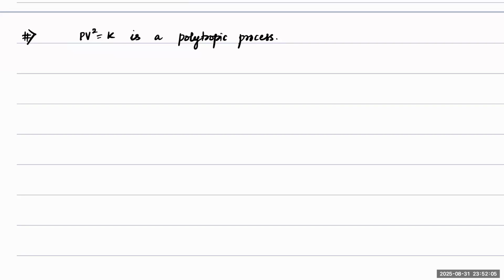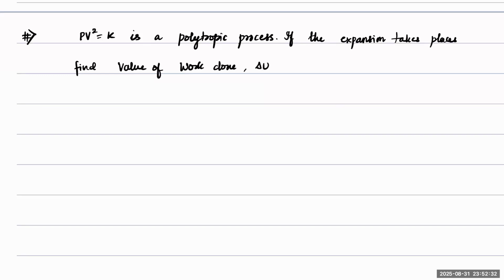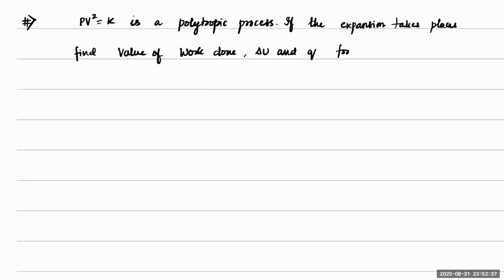If the expansion takes place, find the value of work done, delta U and Q, for an ideal gas system. So if this is the case, what all factors do we know now here?